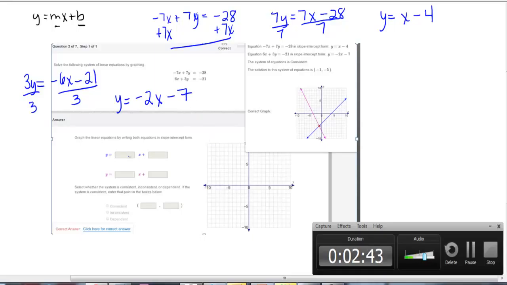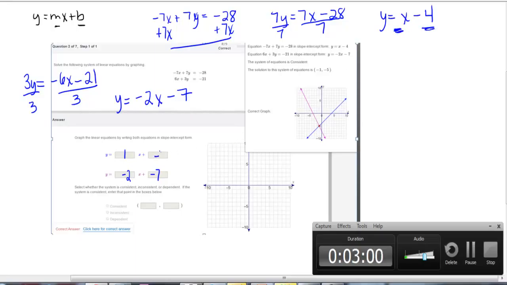So now I have the linear equations in that format. For this one the slope is negative 2 and the intercept is negative 7, and for the first one the slope is 1, because 1 is the slope in front of x, and the intercept is negative 4.